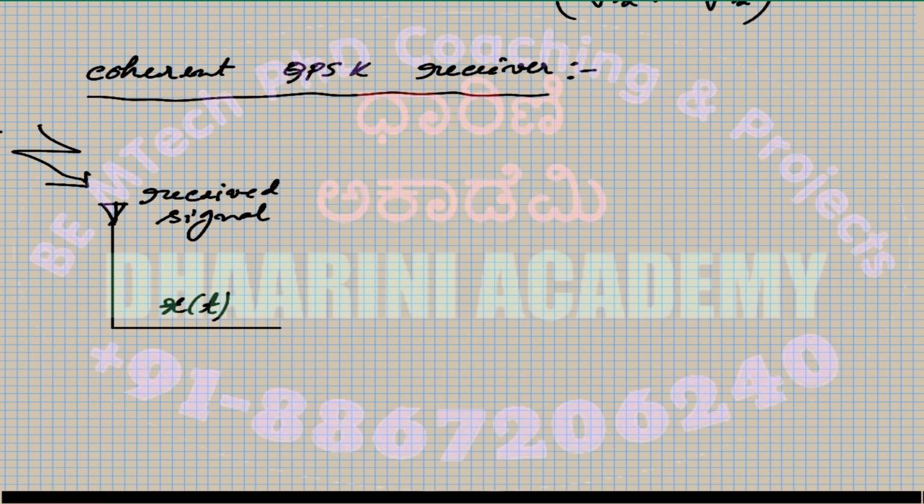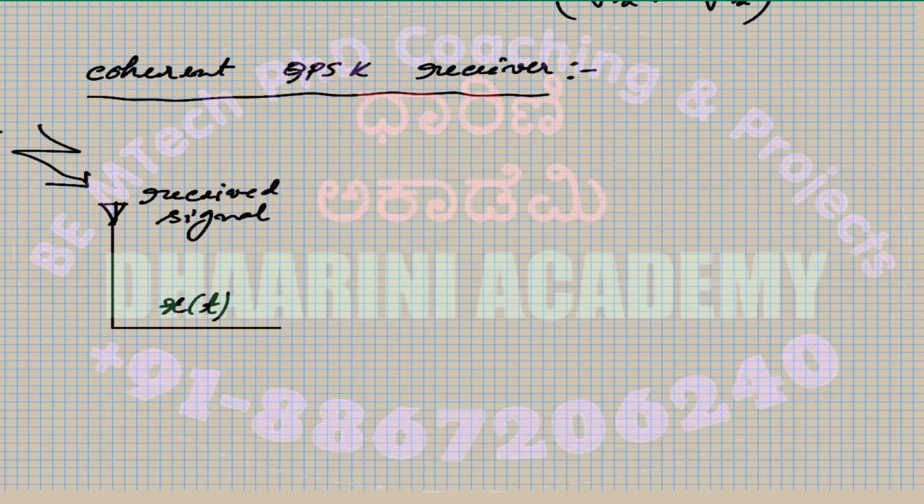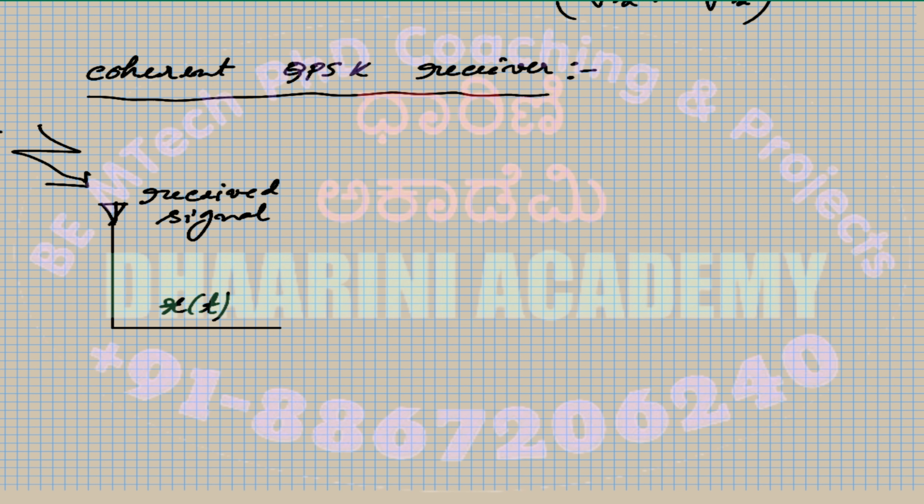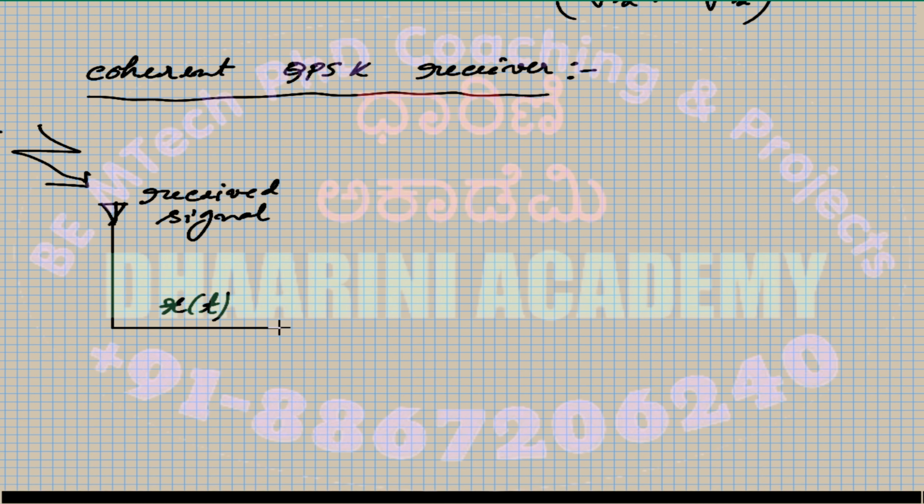Now, since it is a coherent detection, we know that we should know the values of phi1 and phi2 directly, because whatever frequencies we are using to generate phi1 and phi2 will be known to you because it is coherent. So you can directly generate phi1 and phi2, and you multiply. This signal gets divided into two channels now, and one channel gets multiplied with phi1 and the other channel gets multiplied with phi2.